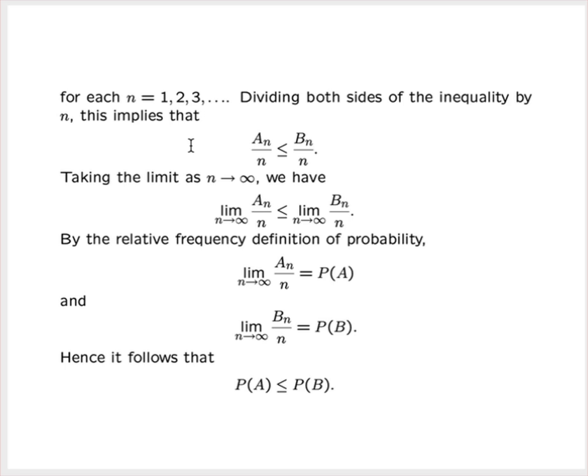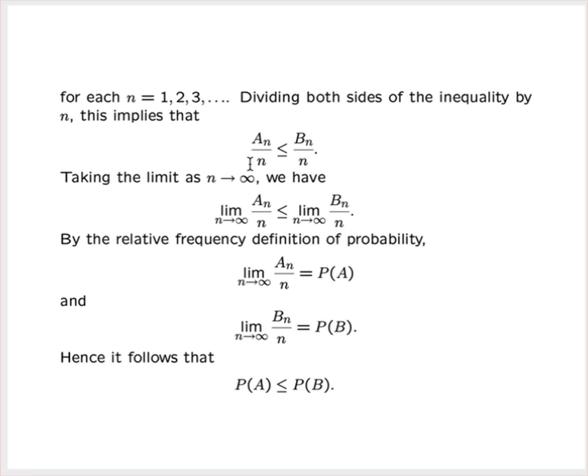That means that for all n, cap A sub n over little n is less than or equal to cap B sub n over little n. So the relative frequency of the event A is less than or equal to the relative frequency of the event B, and that's true for all n.